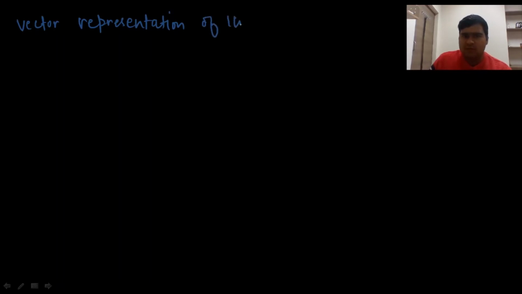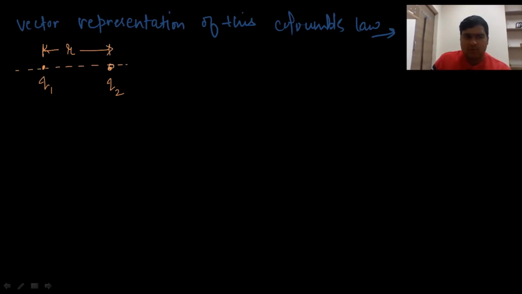First of all, let's draw this diagram again. This is Q1, this is Q2, the distance between them is r, this is the line joining both of the charges, and this is the force vector.